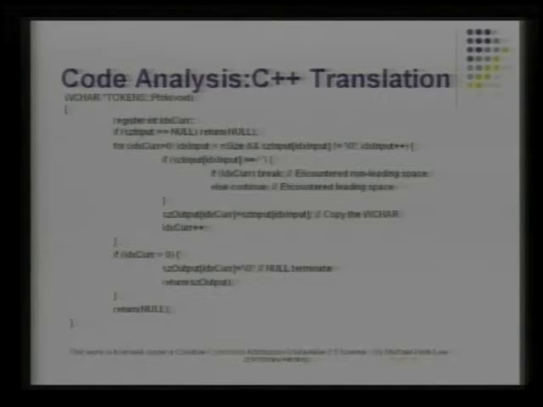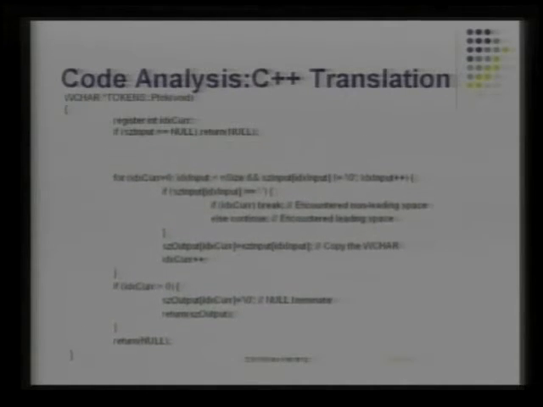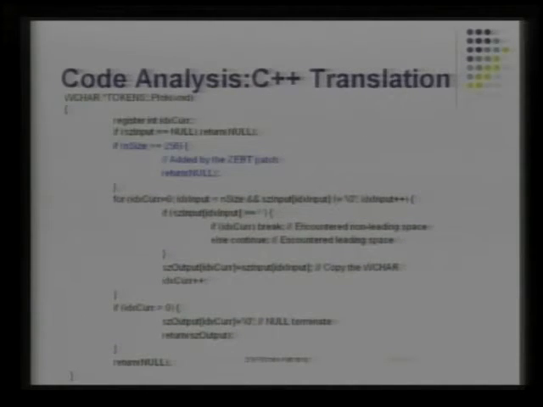It copies until the end of your buffer, not the destination buffer. So what the ZERT patch actually does is a simple thing like this. To check the n size, this is, again, the input size of our string, and to return if it's too large or above 256 bytes.